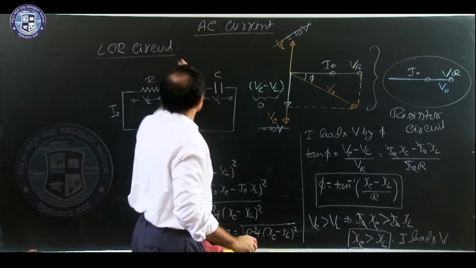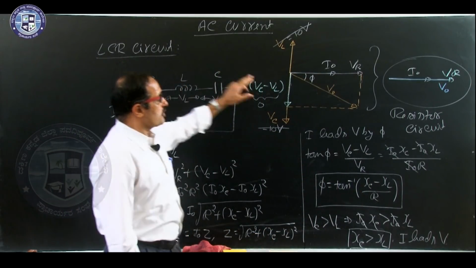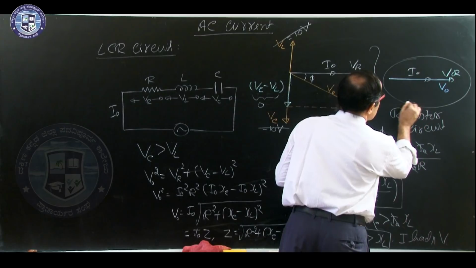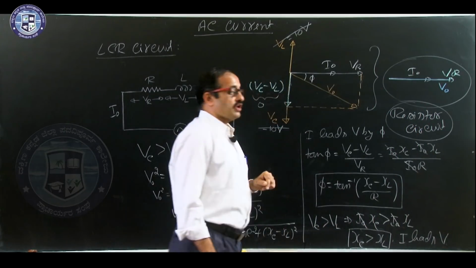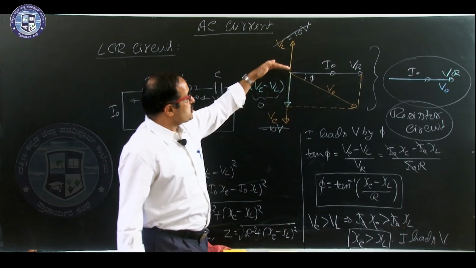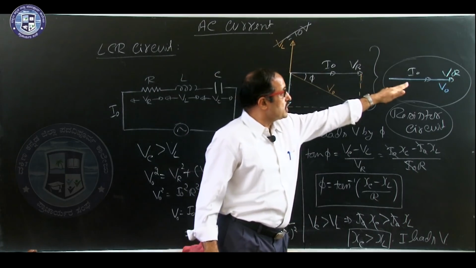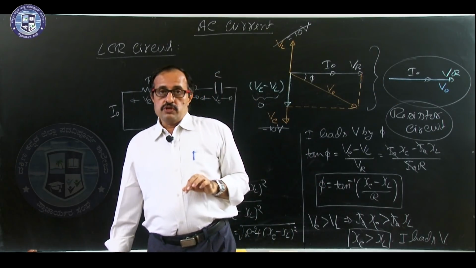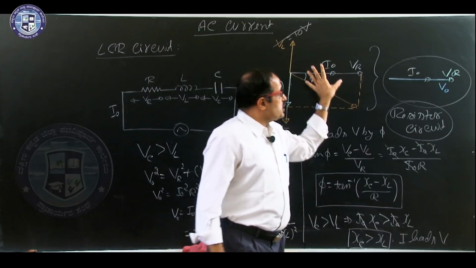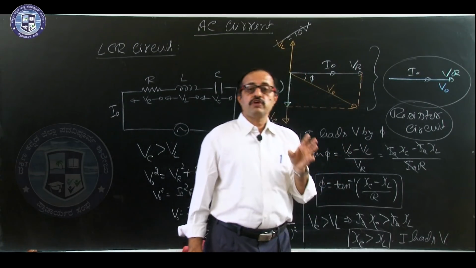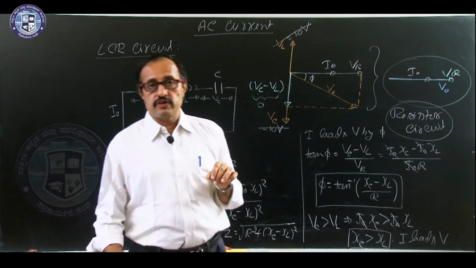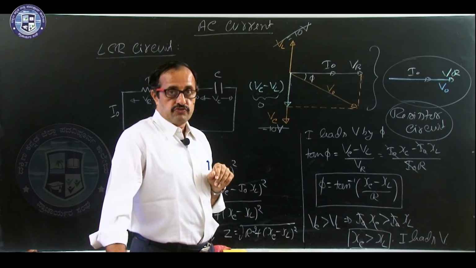Even though it is the LCR circuit, now it acts as a resistor circuit, and this phasor drawing becomes like this. Now, whenever this is happening, we say LCR circuit is at electric resonance.